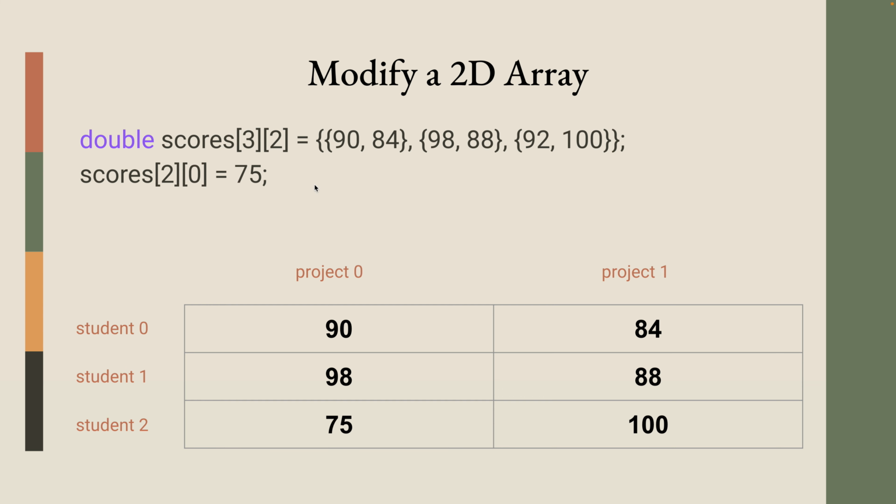We could have put it on the right side and added something to it. We can do the plus equals operator. Anything we can do with a variable, we can do with this syntax here, because each of these boxes essentially represents one variable. Okay, I think that's all my slides for 2D arrays before we get into the coding. Any questions?